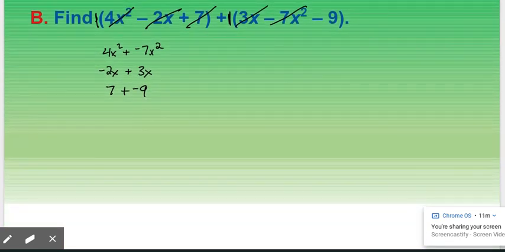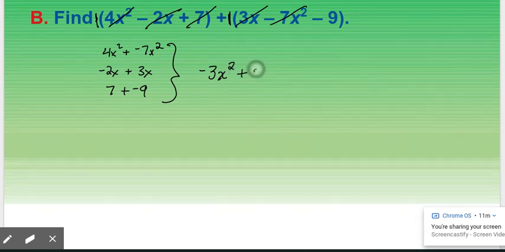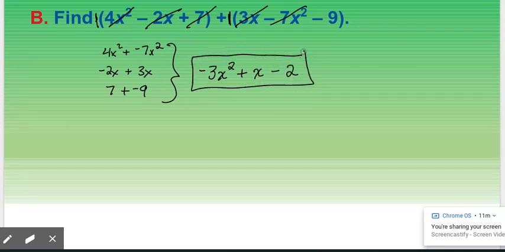Let's go ahead and add these up. 4 plus negative 7 is negative 3 x squareds. Negative 2x plus 3x is positive 1x, and I'm going to write it like that. I would accept it if you put plus 1x. And 7 plus negative 9 is negative 2. And there's our polynomial in standard form. This would be considered a trinomial.